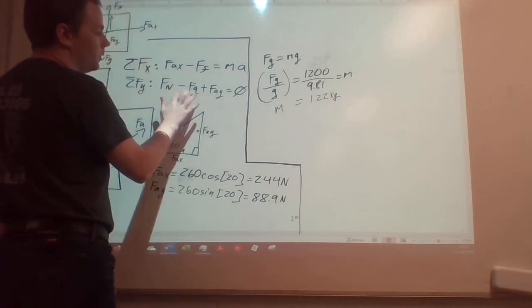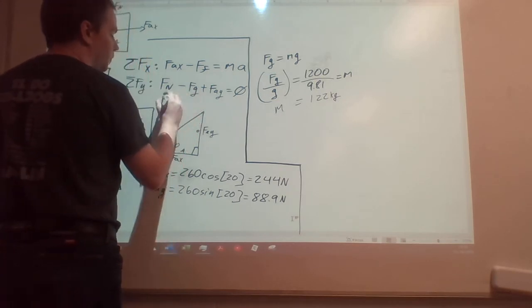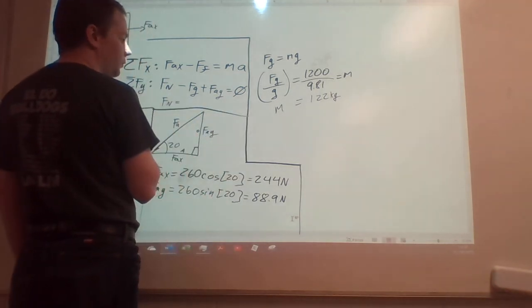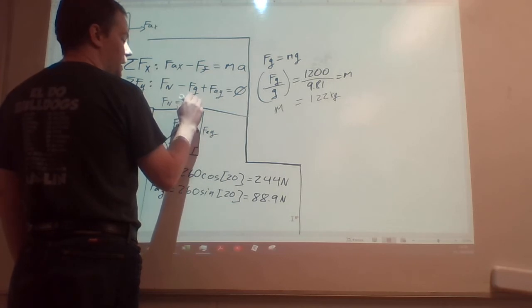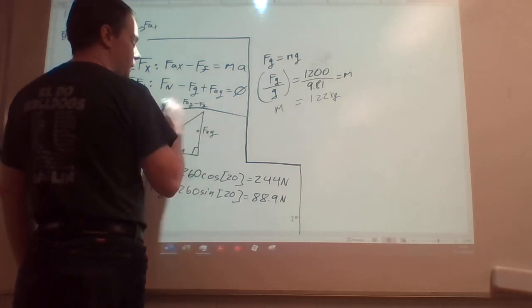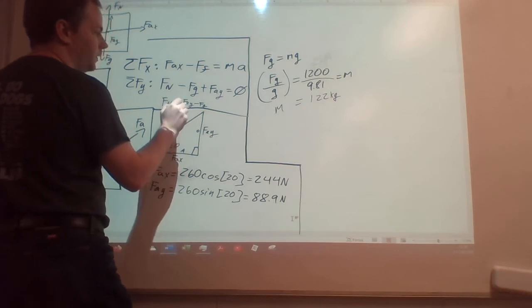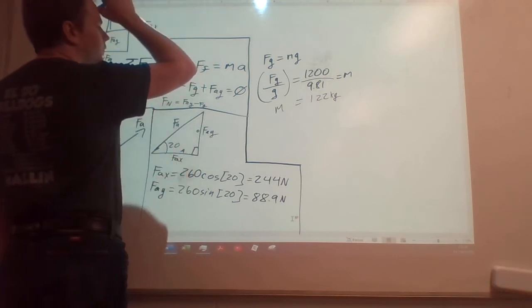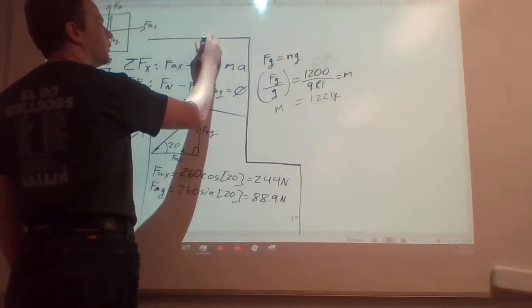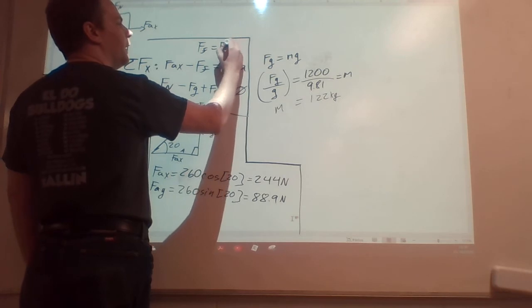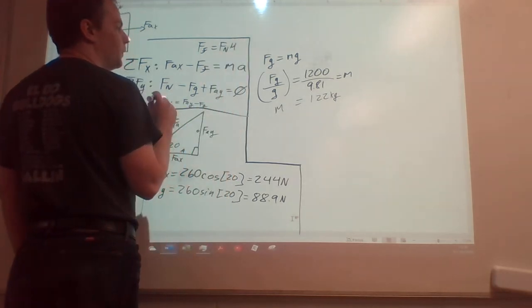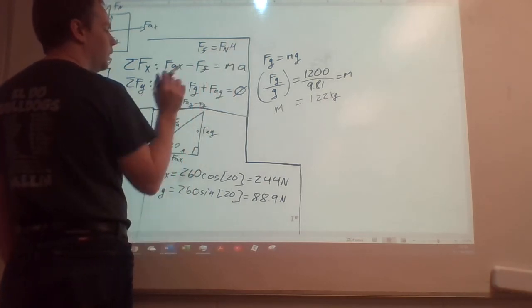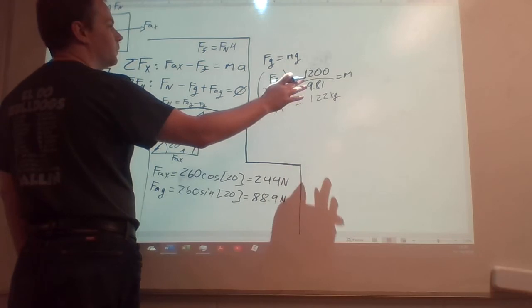And we can determine with this that the normal force should be equal to FAY minus FG. So then we can plug this in up here for the normal force component of this. So, because the force of friction is Fn times mu, we can plug this in here, and that will give us one equation.